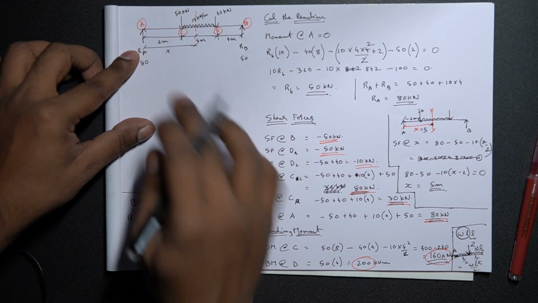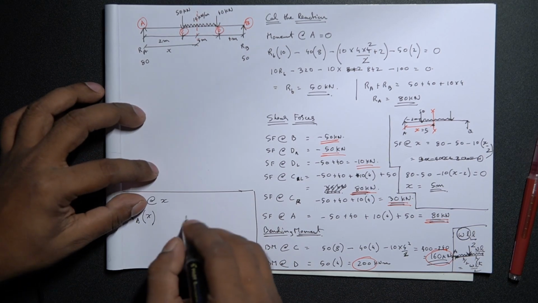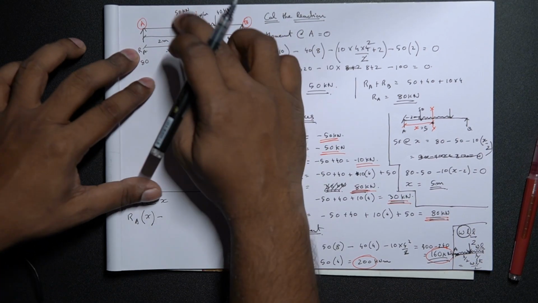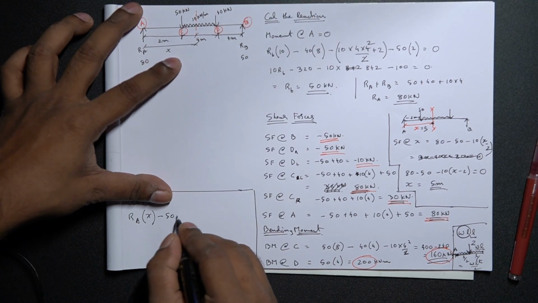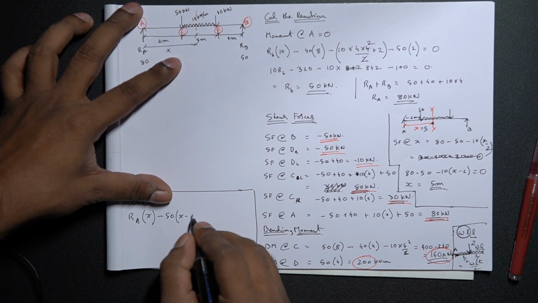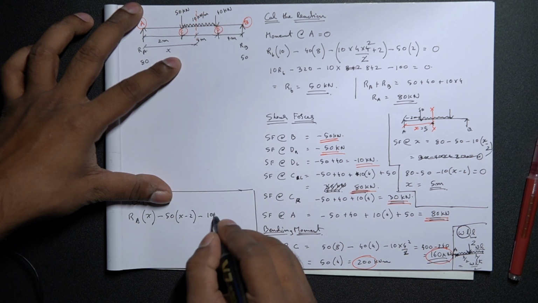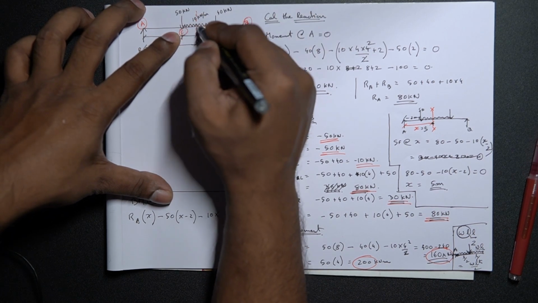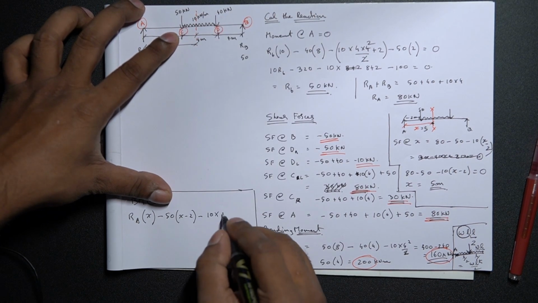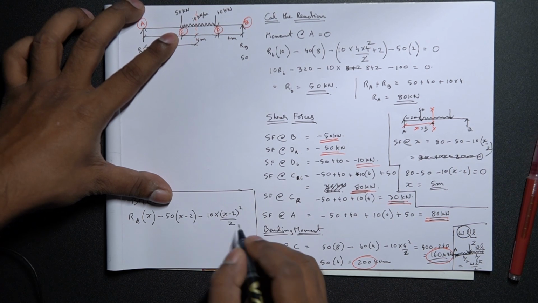So RA into x minus 50 into (x minus 2), minus, we have a UDL, 10 into, again it's acting between the 50 newton load and the section XX. So that will be 10 into (x minus 2) whole squared by 2.